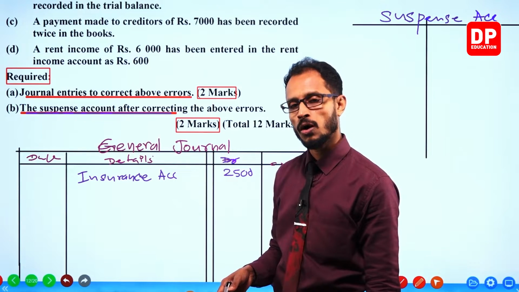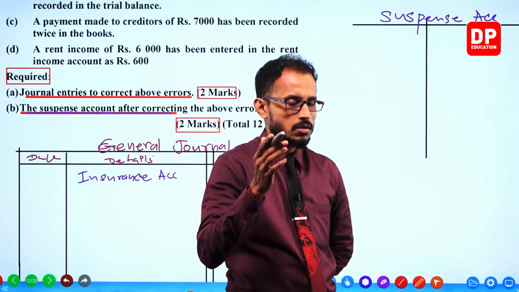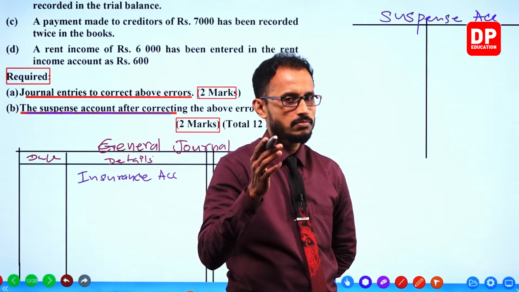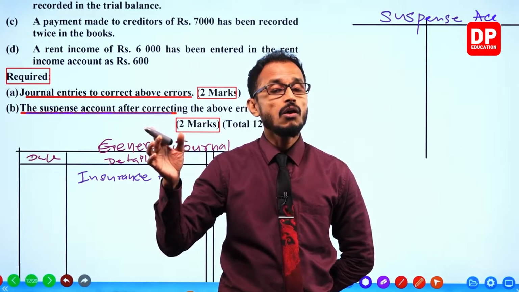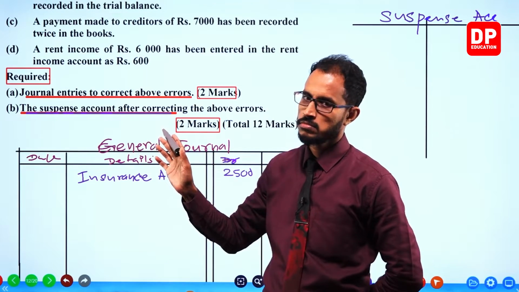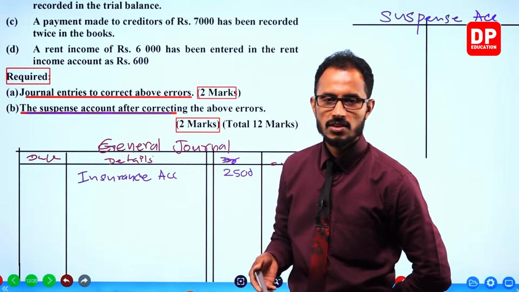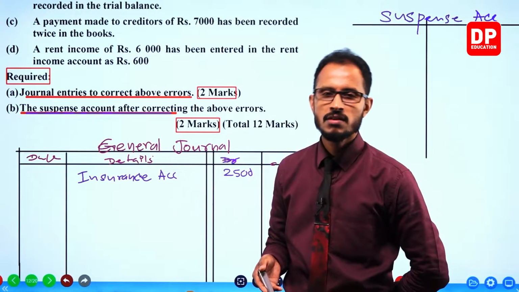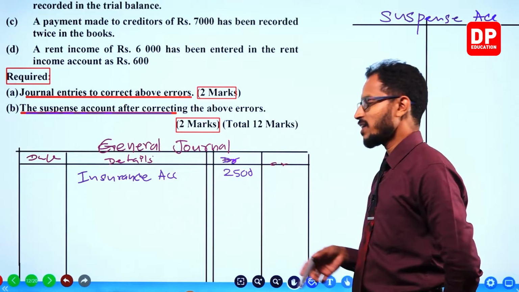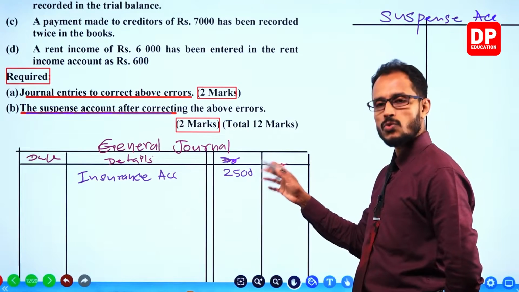That is the law, the double entry code, the double entry principle. If one account is debited, that value must be credited.